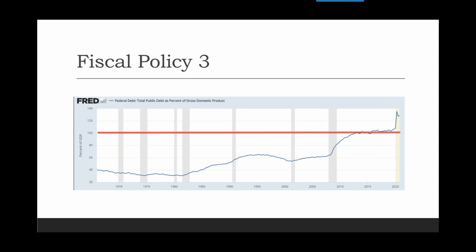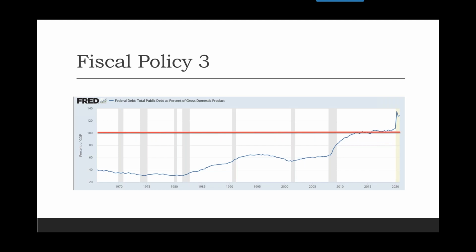This is another way of looking at it. Federal debt as a percentage of gross domestic product, GDP. This goes once again back to the 1960s, so it's recent information. I put a red line on this chart at 100%, where total debt as a percentage of our GDP is at 100% with that red line. And we passed it in the mid 2000s.